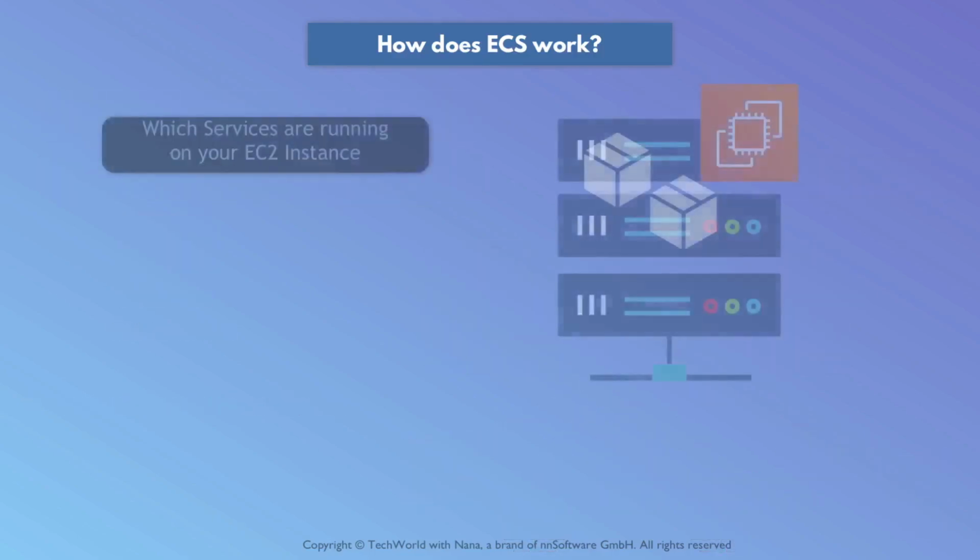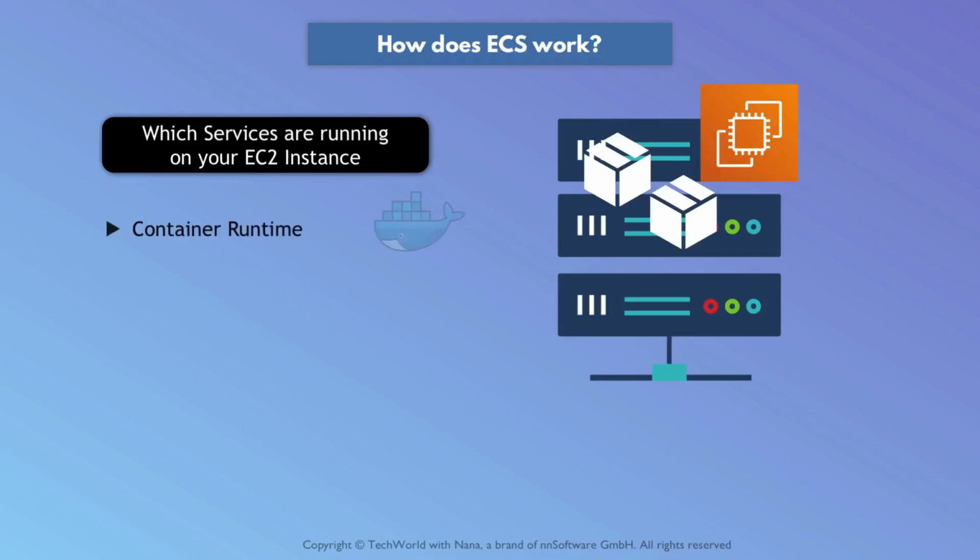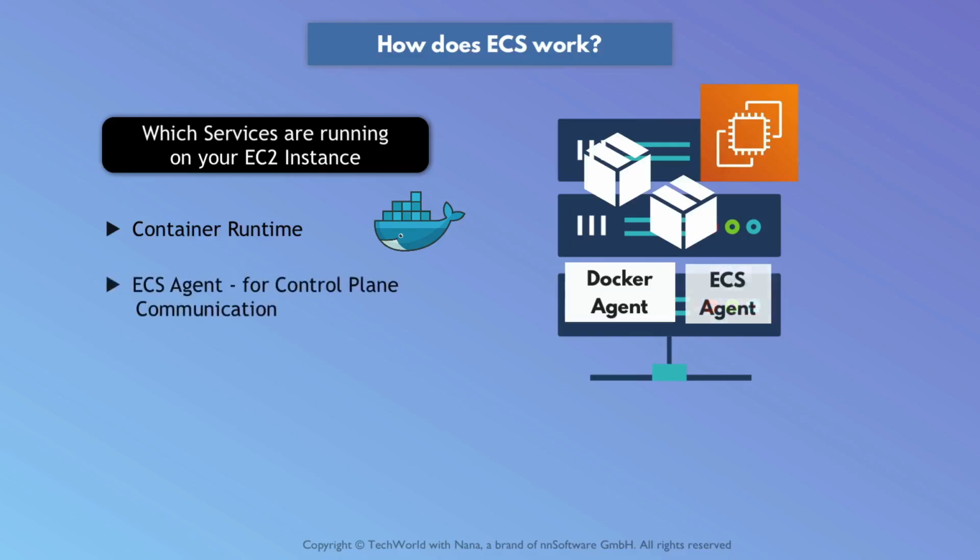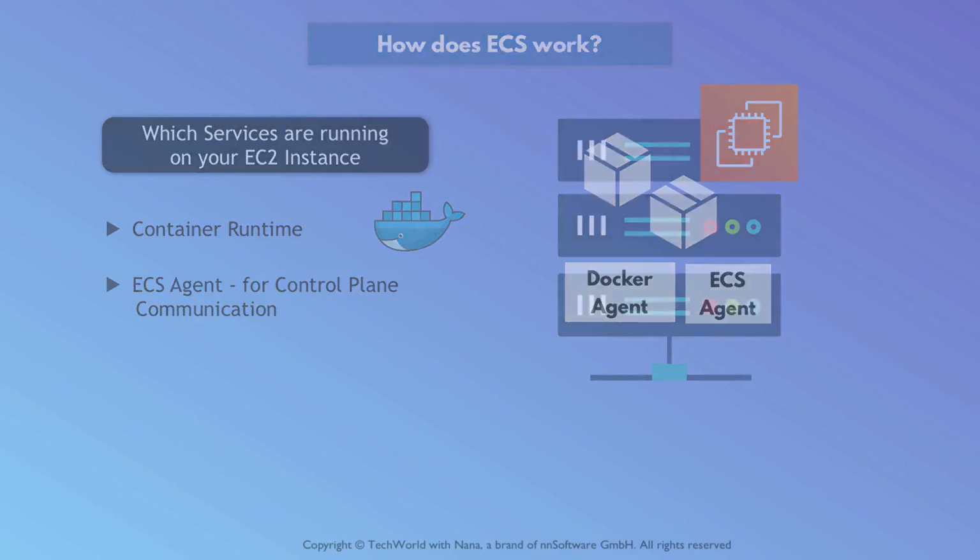And on those EC2 instances, you will have the Docker runtime or container runtime generally, so that containers can run. And also you're going to have ECS agents installed. And this way, the control plane or ECS processes can communicate with each individual EC2 instance and manage them.